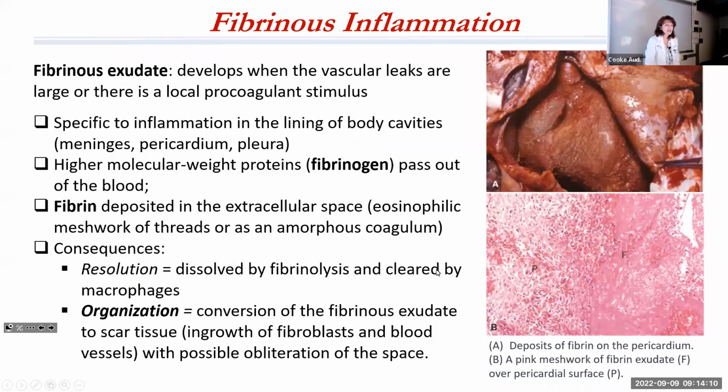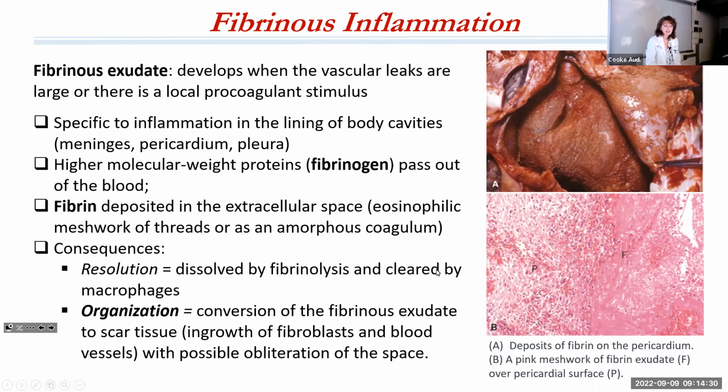Fibrinous inflammation. How do we define fibrinous inflammation? Fibrinous exudate will develop when the vascular leaks are large or there is a local procoagulant stimulus. This is specific to inflammation of the lining of the body cavities. In meninges, you see that. You can see that in pericardium and in pleura.